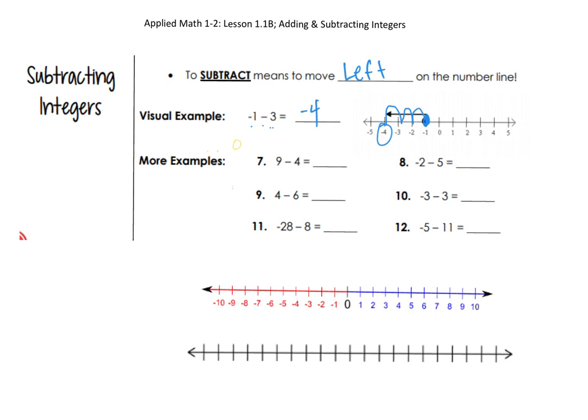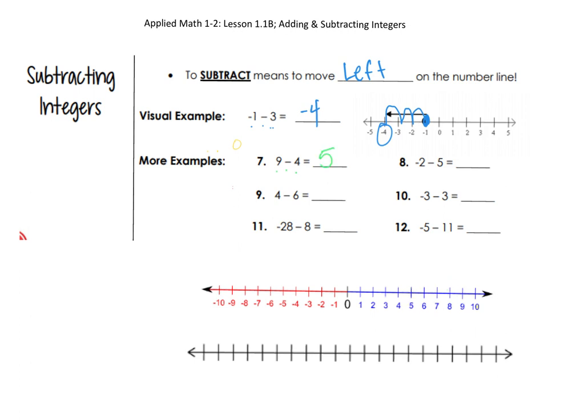We have on number 7, 9 minus 4. So these are, again, both positive numbers essentially, but we are working to the left on the number line. We're going to start at +9, and -4 means go left 1, 2, 3, 4, and you guys know that 9 minus 4 is 5, but that's the reason why.